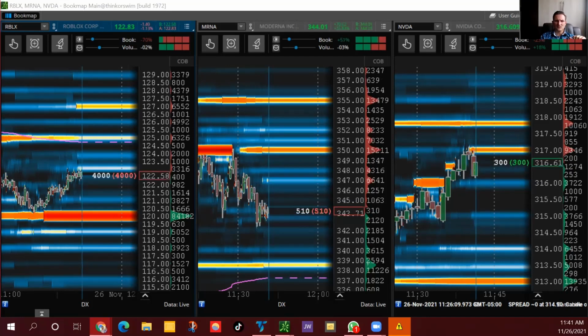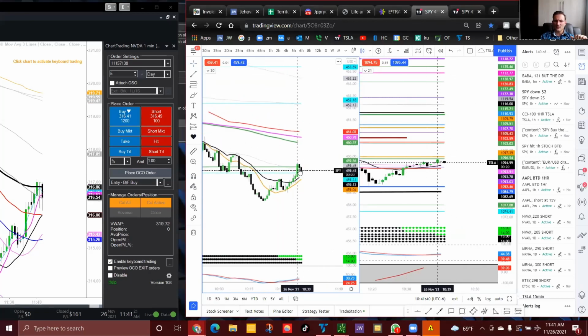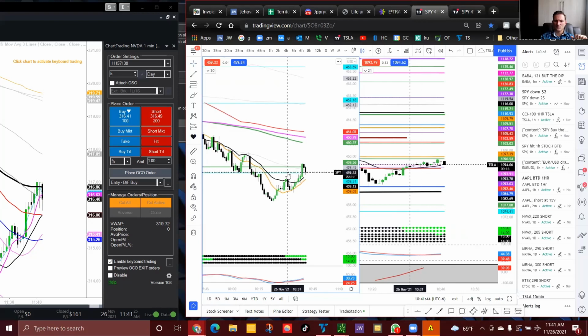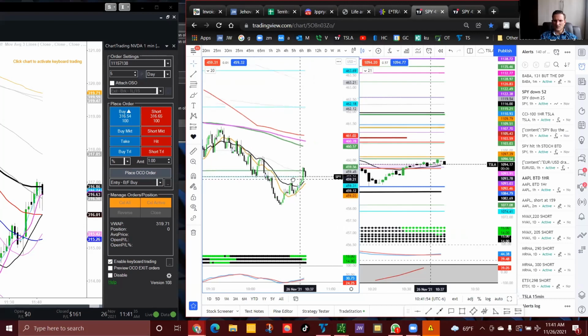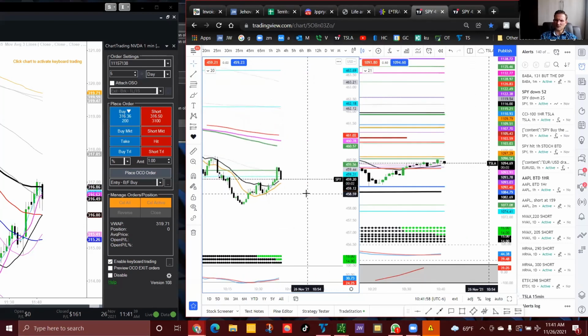Here, let me flip my screen so y'all can see what I'm talking about with the algos. All right, SPY right here, 2 algos, double algo. See, we bounced off of it earlier, finally came back down, rejected on it, and sure enough, pushed right back to it. Now it's bouncing between the 2 algos.